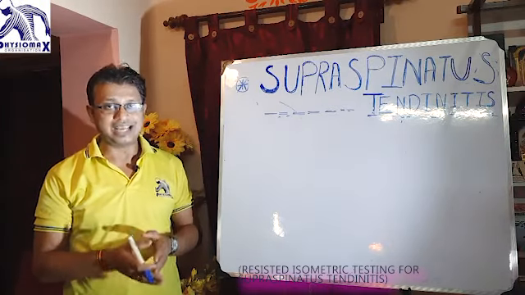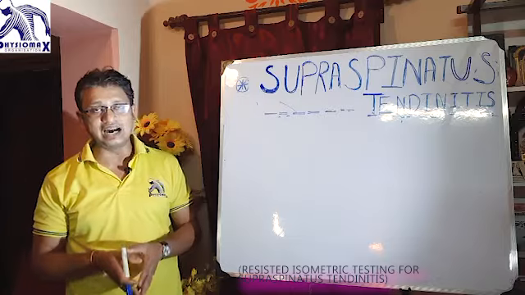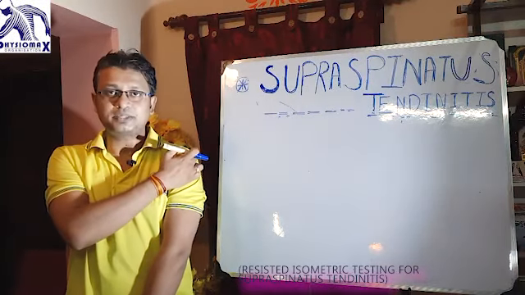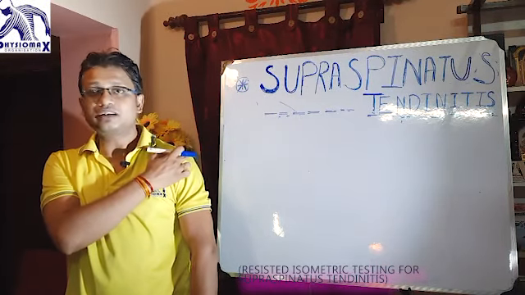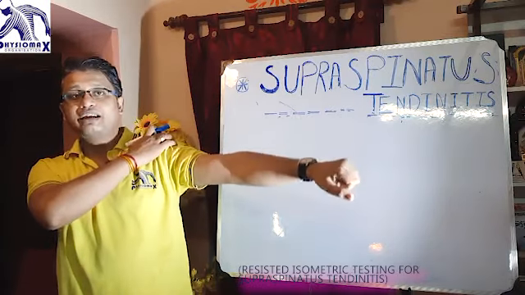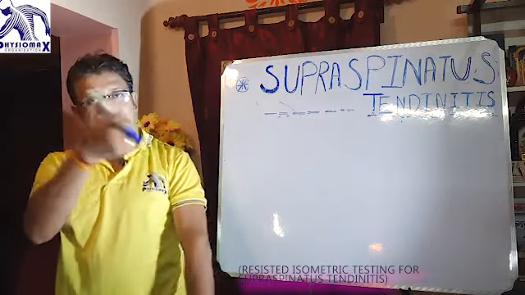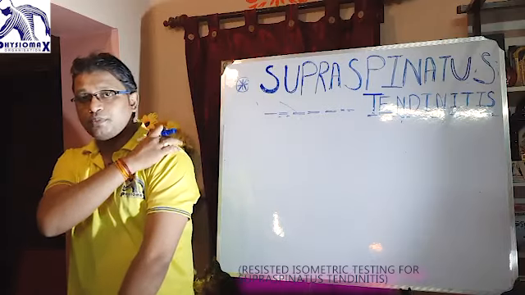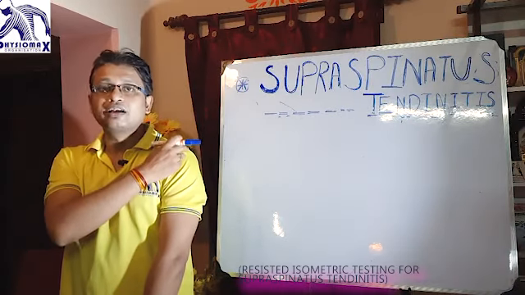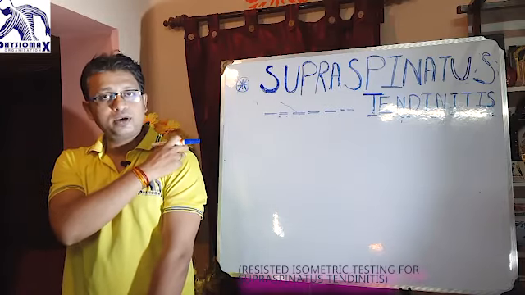Apart from that, when we palpate the area, we need to palpate just below the subacromial space, with the arm either in 0 to 10 degrees of abduction or 90 to 110 degrees of abduction. Take your thumb and palpate the acromion process. As we know, the most prominent bony prominence over the glenohumeral joint is the acromion process.